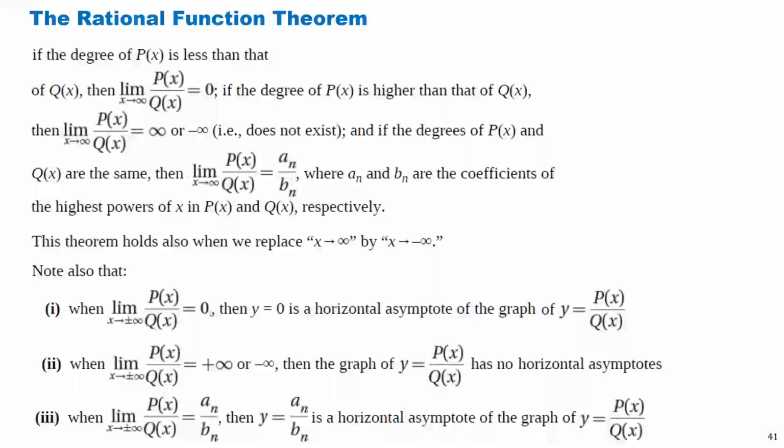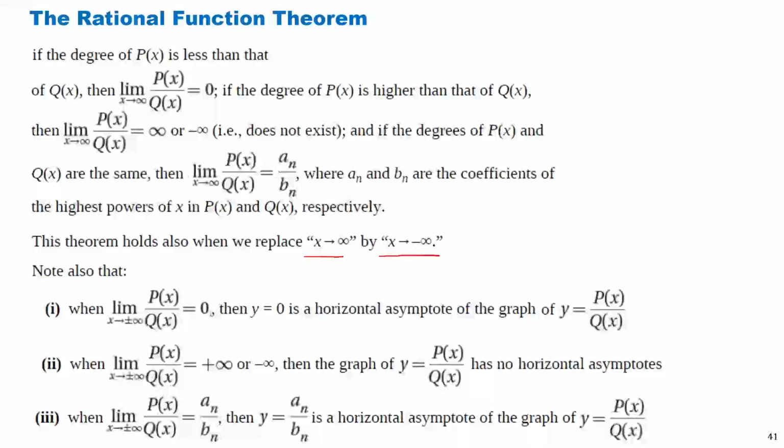Also, this theorem holds when we replace x approaches positive infinity by x approaches negative infinity. Note that when the limit of p(x) over q(x) equals 0, when x approaches positive or negative infinity, then y equals 0 is a horizontal asymptote of the graph of y equals p(x) over q(x).